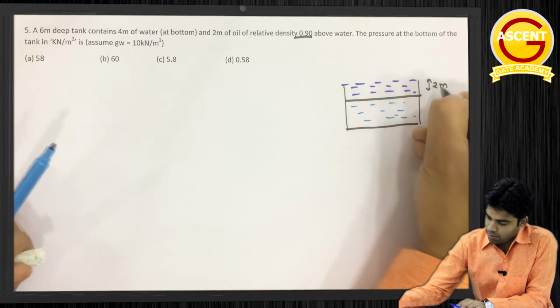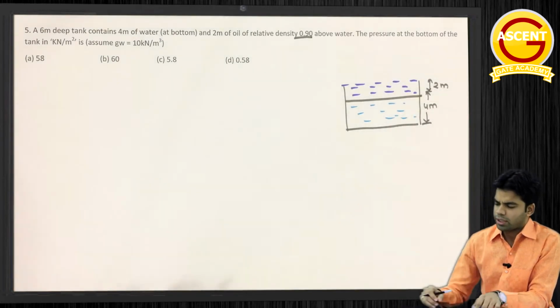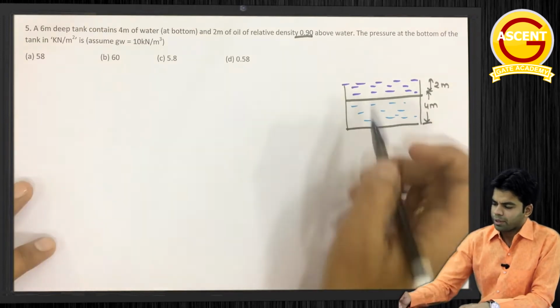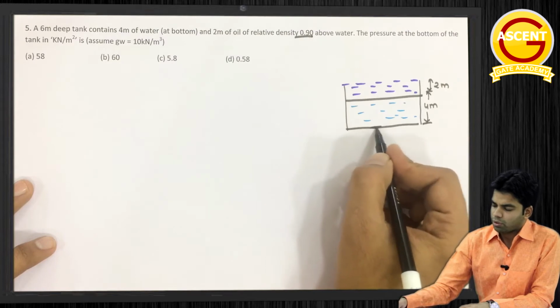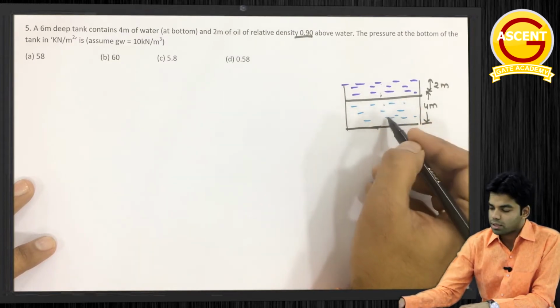This is 2 meter, this is 4 meter. Okay, you don't need to draw each and everything. You can mentally imagine and solve it very quickly. The pressure at the bottom of the tank, we have to determine. So, this pressure is because of this 2 meter of oil plus this 4 meter of water.